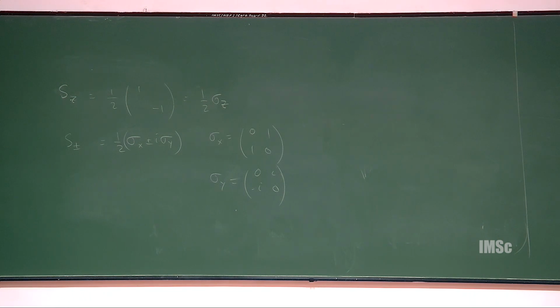Hydrogen atom has only orbital angular momentum. When it rotates around, like Earth rotating around the Sun, it has only integer values. But the spin part of it, which you can imagine to be rotating about itself, there is no truth in it, but rotating about itself, it has a plus half and minus half, and that is given by this. Okay? Is that clear? This is a fundamental difference.